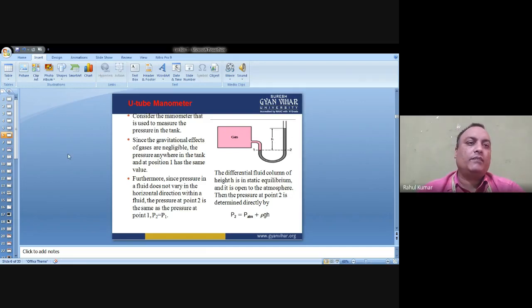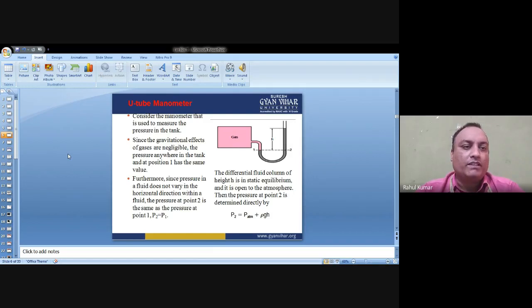So consider the manometer that is used to measure the pressure in the tank. Since the gravitational effect of gases is negligible, the pressure anywhere in the tank has the same value as at position 1.